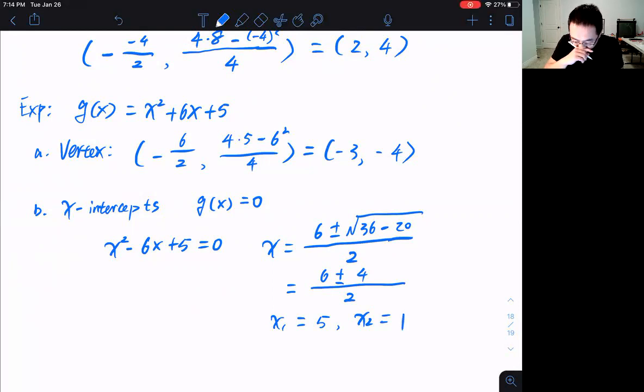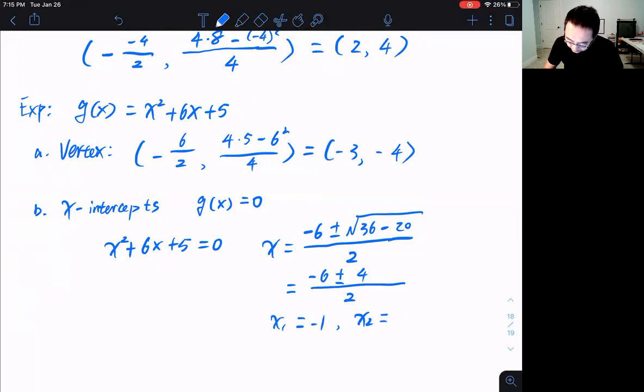Did I miss anything here? Oh, whoops, sorry. It's negative 6 here, so that changes everything. Maybe I should be more careful and just say: negative 6 plus 4 is negative 2, and negative 2 divided by 2 is negative 1.